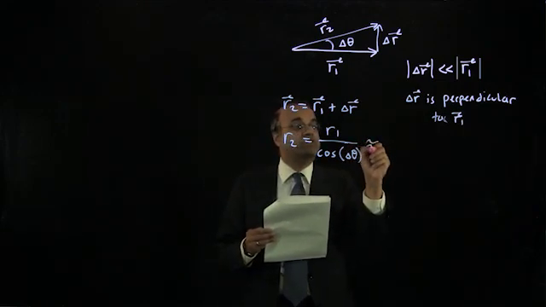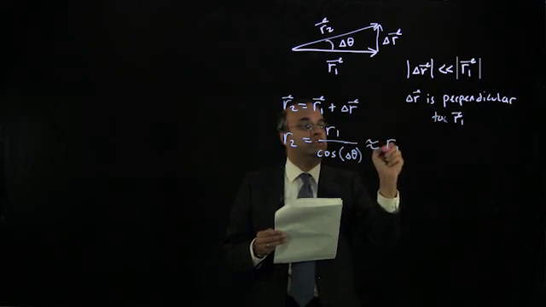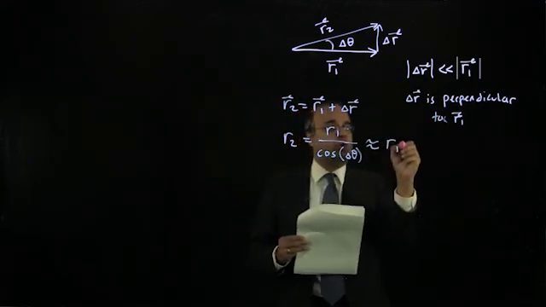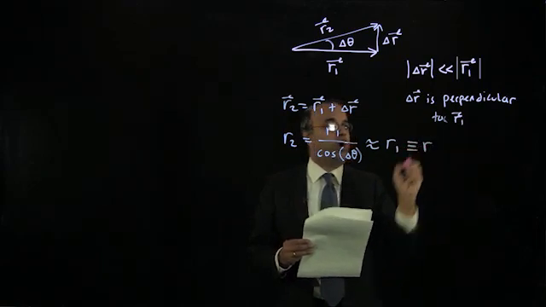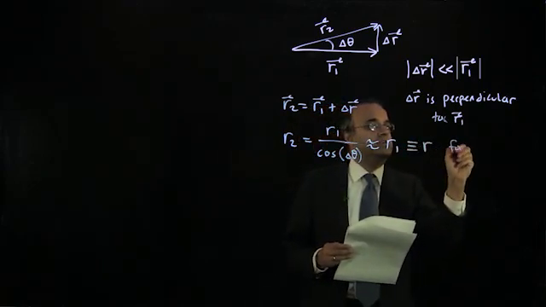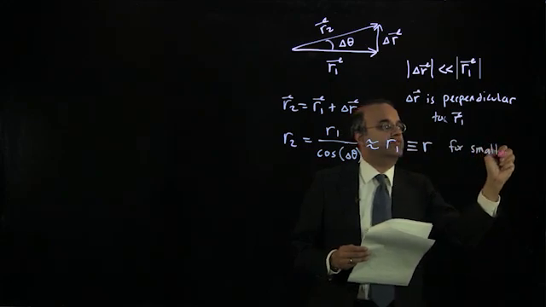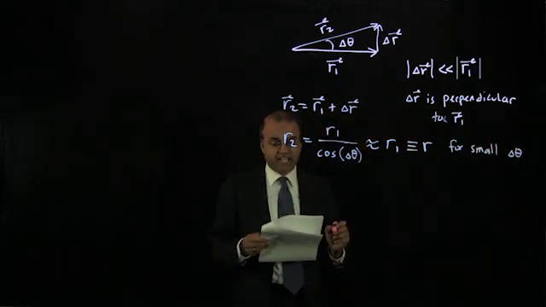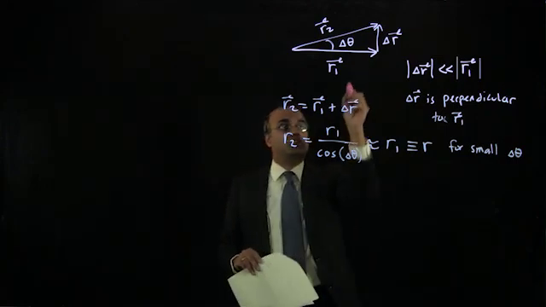And so this is just my original length R1. And since R1 is equal to R2, I'm just going to call them both R. And this is for small delta theta. Okay, so that tells us that the vector just rotates.